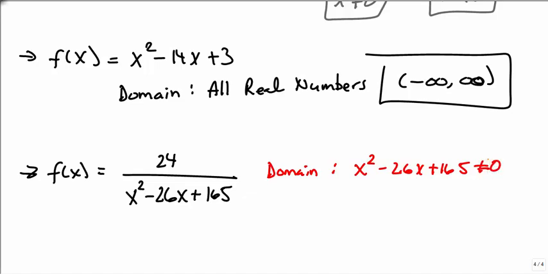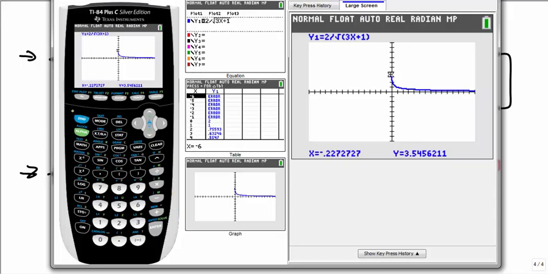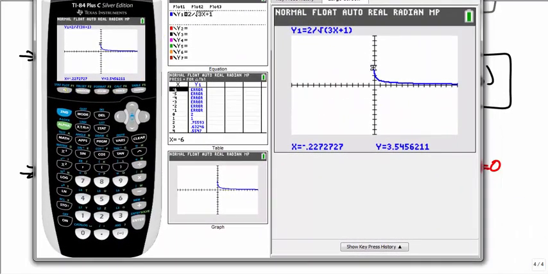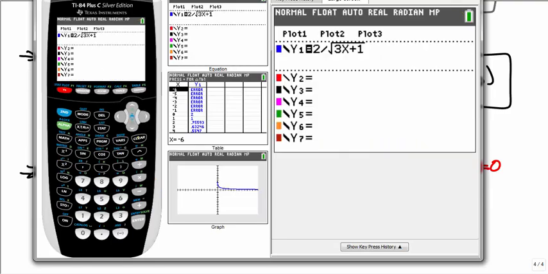Well, the first thing we want to do is think about factoring this. Whichever method you use, AC method, you could also use reverse FOIL. I always like to graph these because that gives me an idea. So x squared minus 26x plus 165, and my numerator was 24. So let's hit y equal, clear this out.